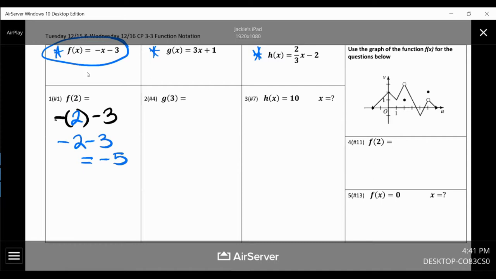So when x equals 2, the value of the function is negative 5. So f of 2 equals negative 5.